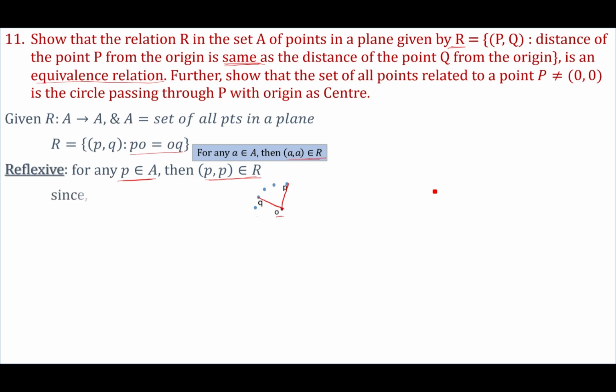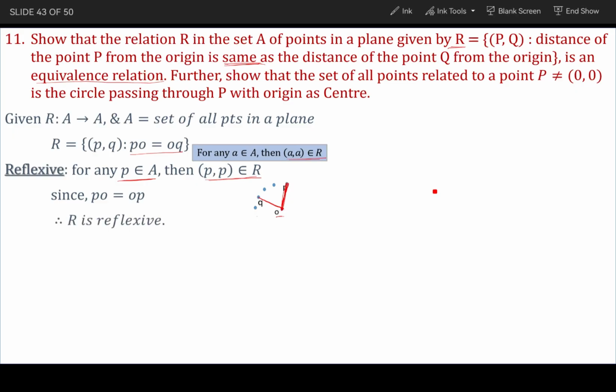Because the distance OP and the distance OP are the same. So if I say OP is equal to OP, that means the same. That's why (P, P) belongs to R. Therefore, the given relation is reflexive.